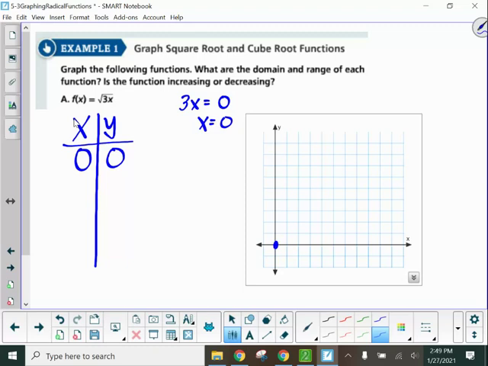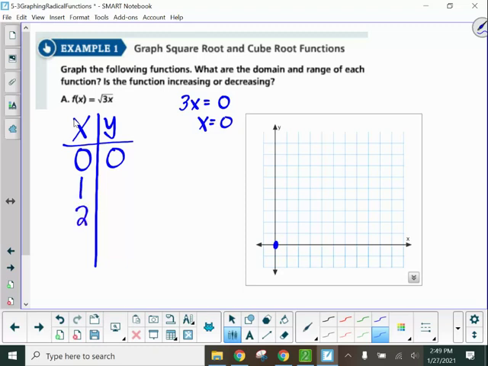You can go through and pick values of x. You don't necessarily have to pick values that are at lattice points. If you're looking at the PDF for this, you'll see that I did pick values that I could take the square root of and not get back a decimal, but there's nothing wrong with decimals if you want to do that.